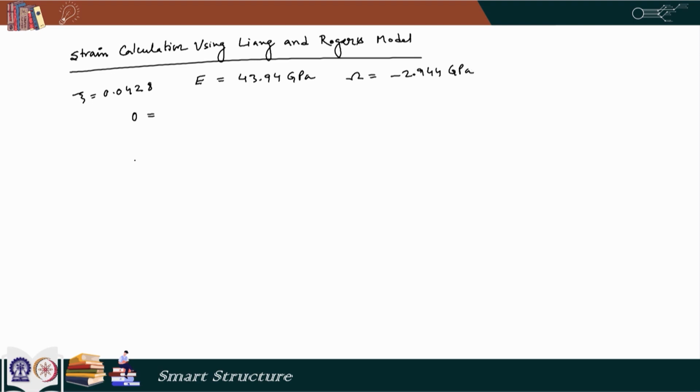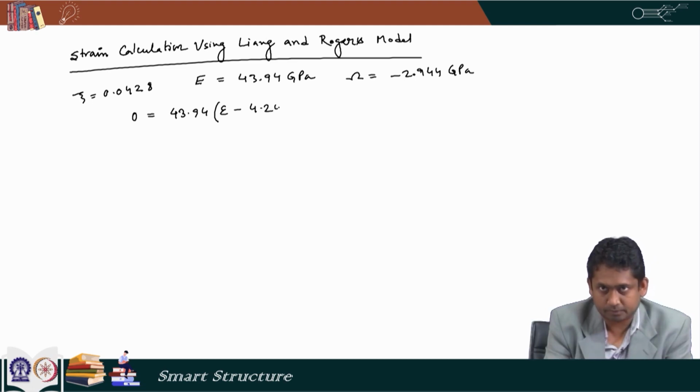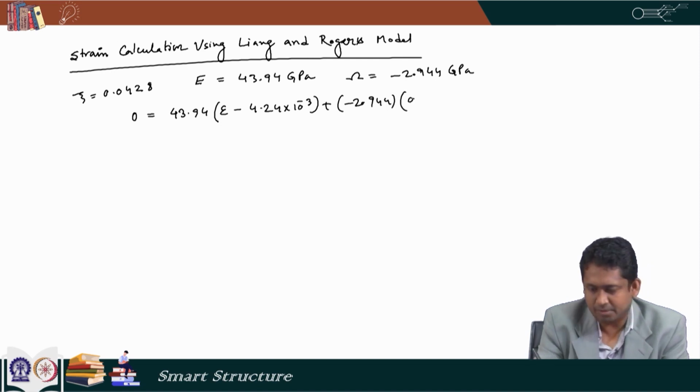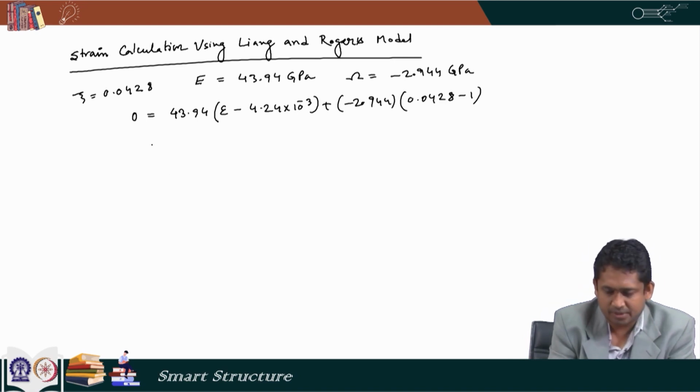Then if we apply the same procedure, same constitutive relation, the equation looks like this. And then we have plus omega, so it is minus 2.944 and then multiplied by 0.0428 minus 1.